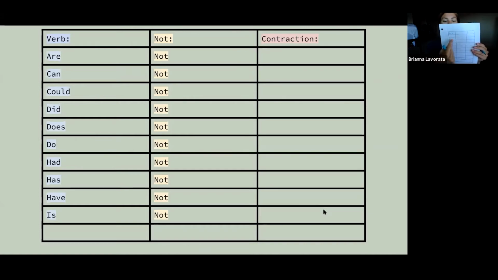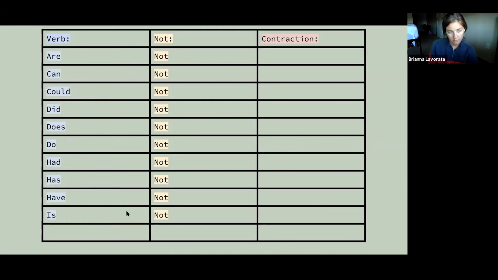Now we're going to write all of those verbs on the left side, just like the ones you see here in blue. So write the word are. We have the word can. So just like this, I am writing going down. Are, can, could, okay? Write all of those words here that you see me highlighting over in blue.